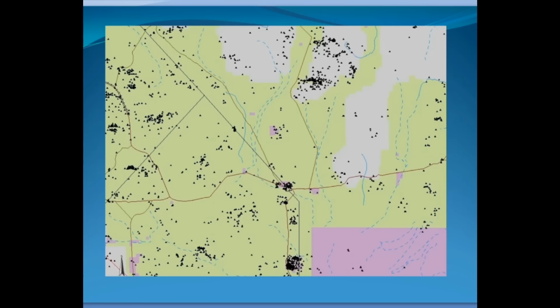This is a map from what's called the MRDS mine map, and basically it shows that most of the mines are intensely in certain areas, but they are scattered outside. And that's again this point of pursuing gold deposits that are a little bit scattered, a little bit beyond the main focus of a mining district.